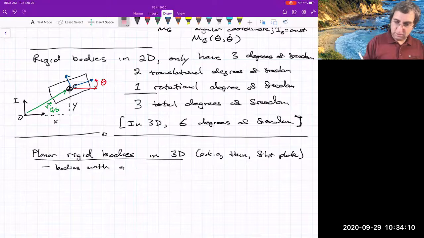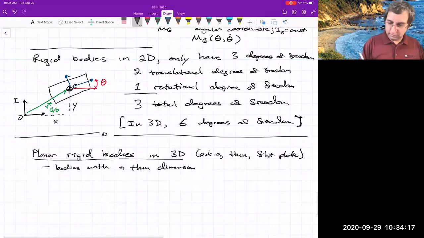And here by thin, that just means that it's negligible.